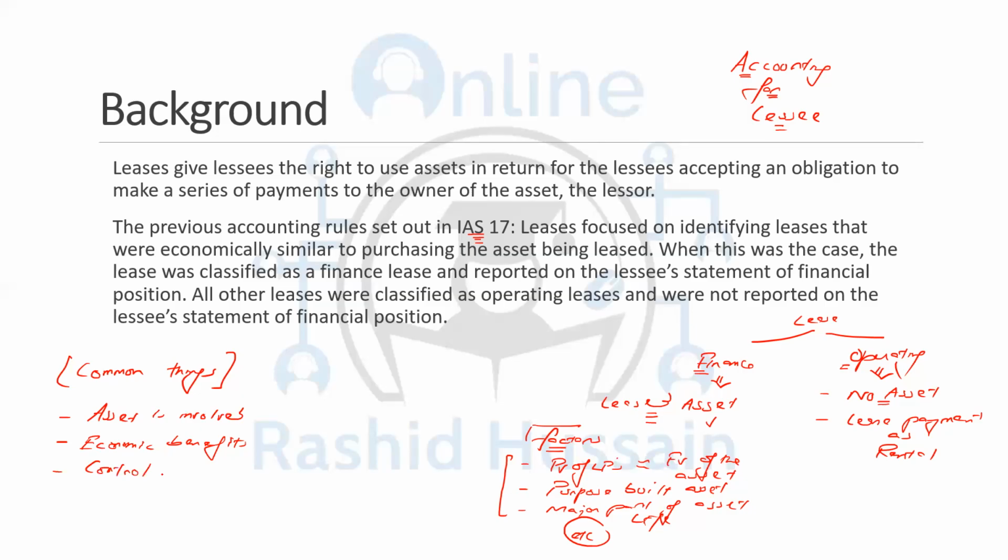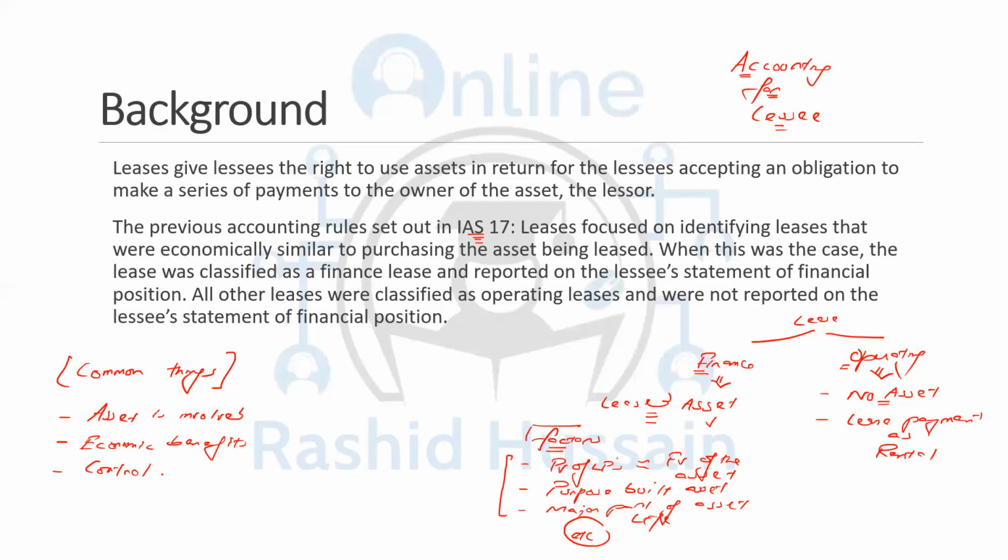The lessee used to decide how they will be using it. For example, even within the finance lease, the lessee used to decide how they will be using the asset. For example, if it's a machine, how many hours they will be using the machine, how many days within a week, how many units they will be producing from the machine, etc. Even within the operating lease, the lessee used to decide within the lease period how the asset will be used.